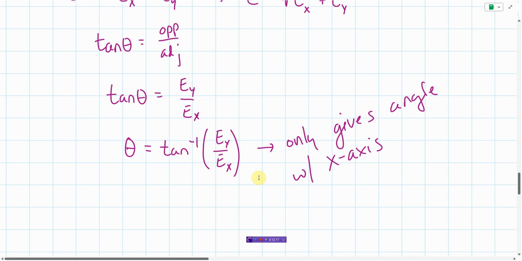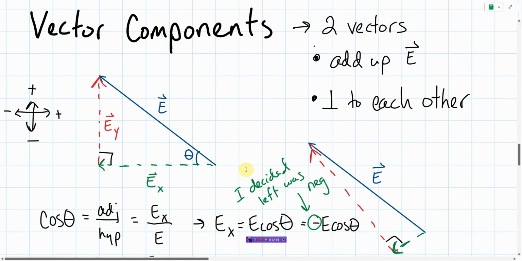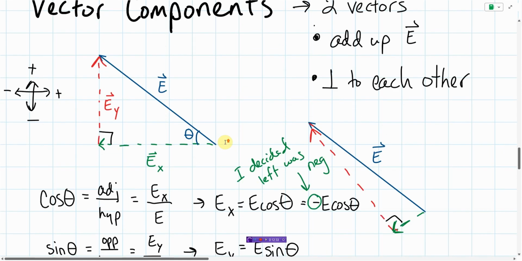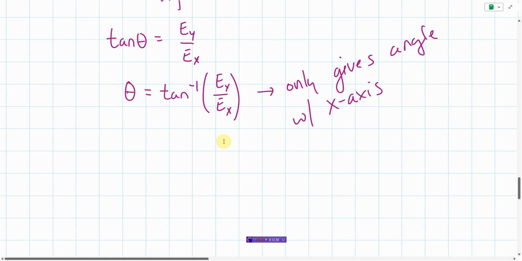So for instance, if I had numbers for this little triangle over here, it looks like about 35 or 40 degrees is what would pop out. You have to decide which quadrant that's in, basically.